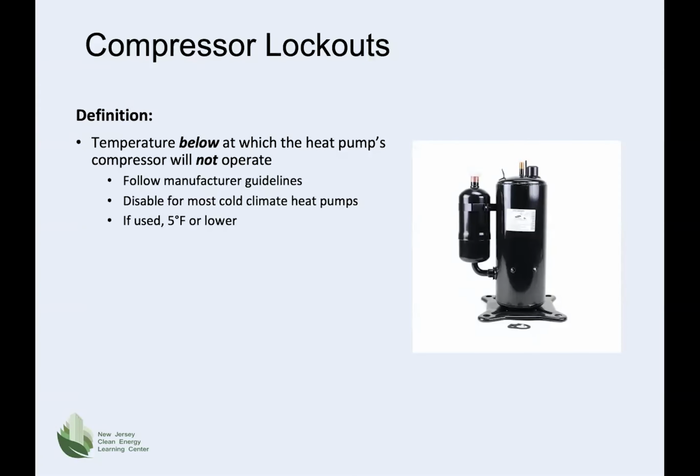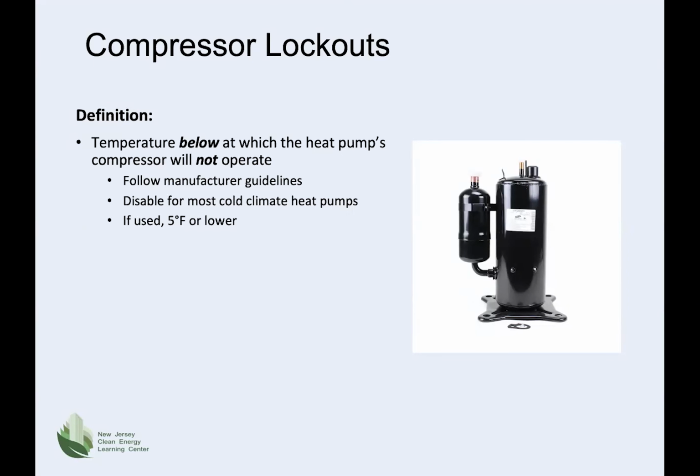Compressor lockouts. Pictured here is a typical hermetically sealed refrigerant compressor motor assembly. The compressor lockout feature is not needed for most cold climate air source heat pumps and should be disabled in accordance with the manufacturer's guidelines. If the compressor lockout feature is used, it is typically set to lockout at a temperature below 5 degrees Fahrenheit.